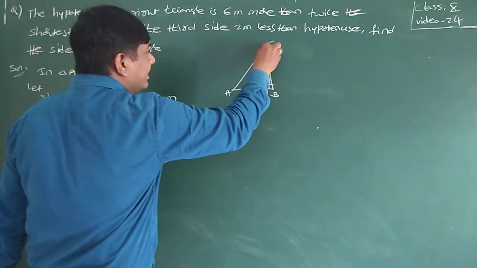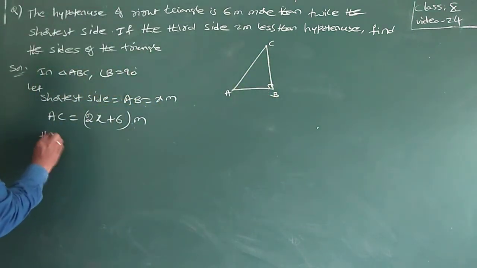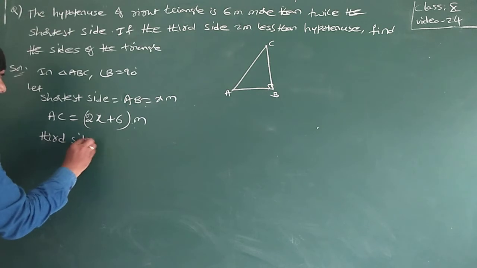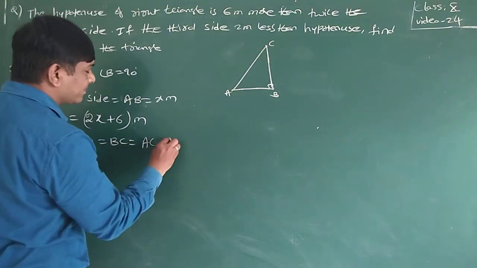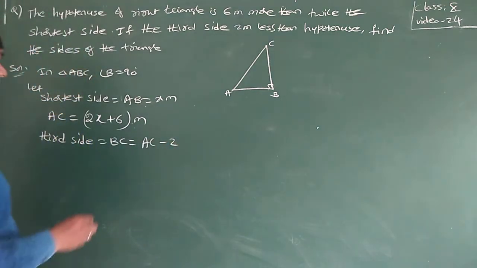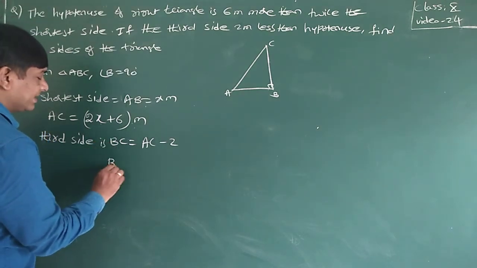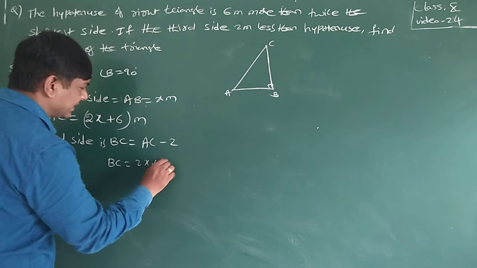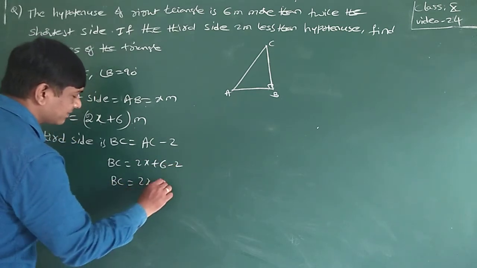The third side is BC. BC is equal to hypotenuse minus 2 meters, since it is 2 meters less. So BC is equal to 2x plus 6 minus 2, BC is equal to 2x plus 4.